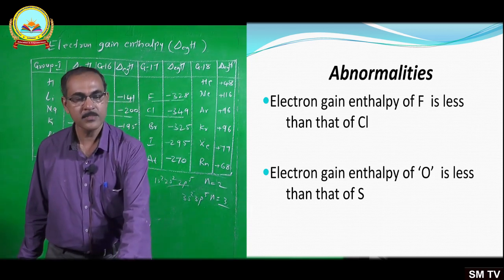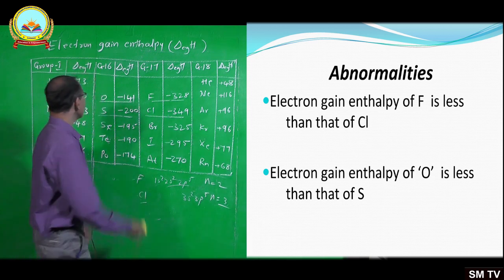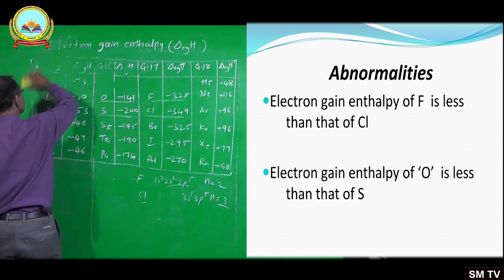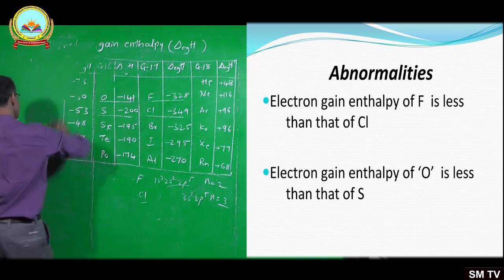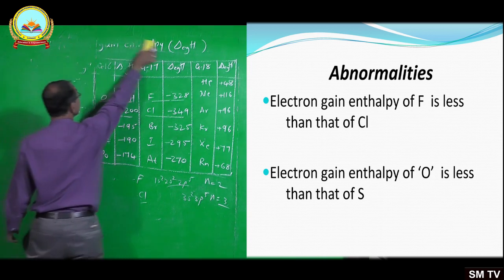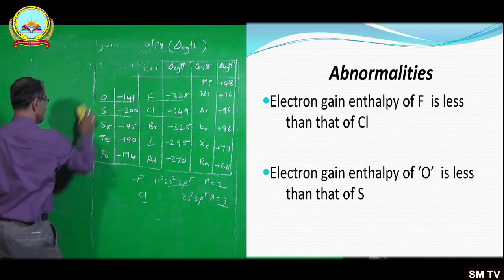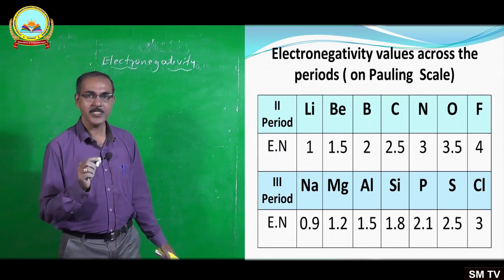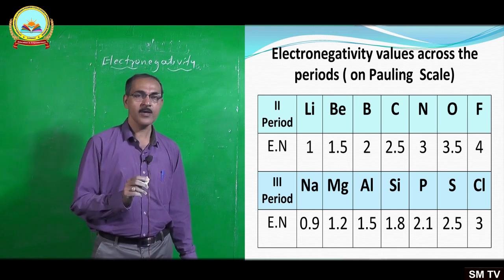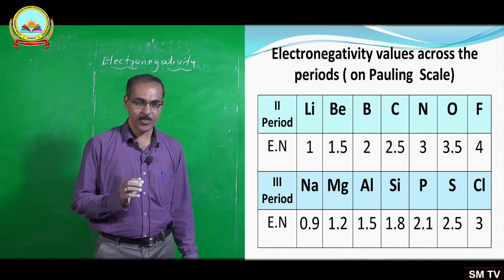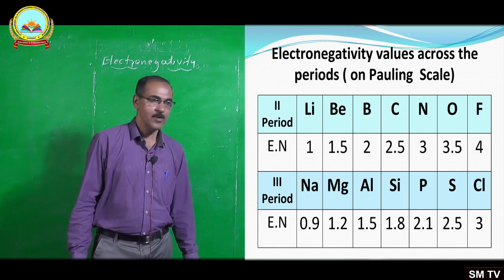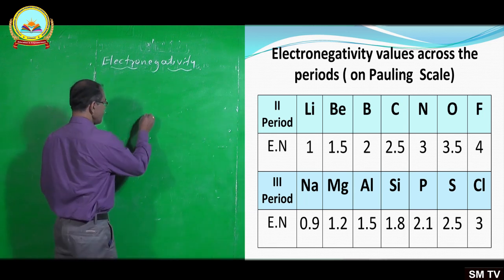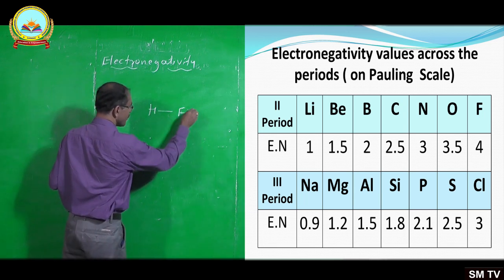After this, let us move to another important concept. Electronegativity, this term is applicable only for covalent compounds, not for ionic compounds. Consider an HF molecule.